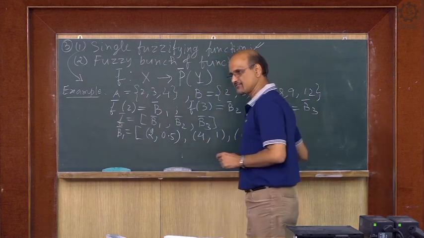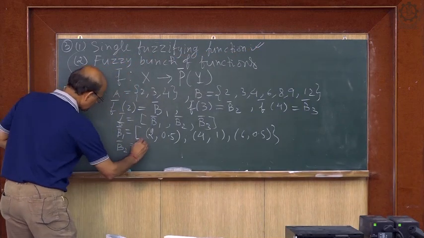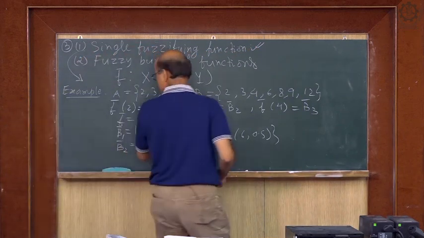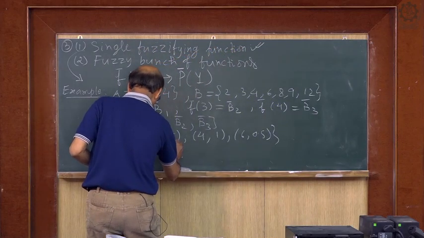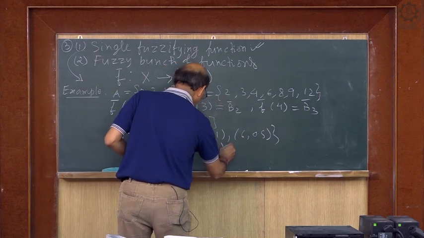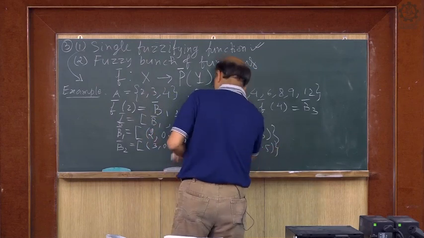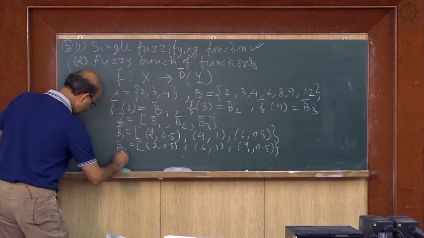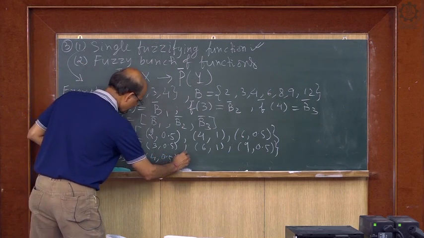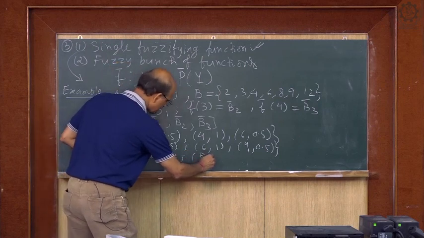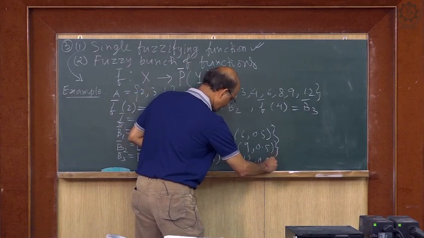B2 bar is generated from 3: 3 with 0.5, 6 with 1, 9 with 0.5. And B3 bar I can have from 4: 4 with 0.5, 8 with 1 and 12 with 0.5.